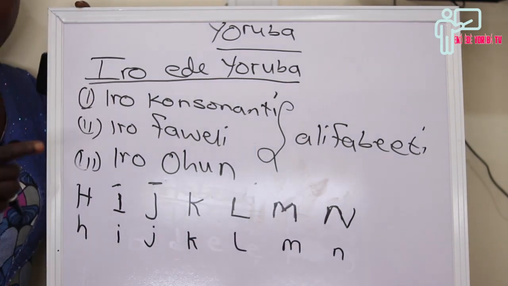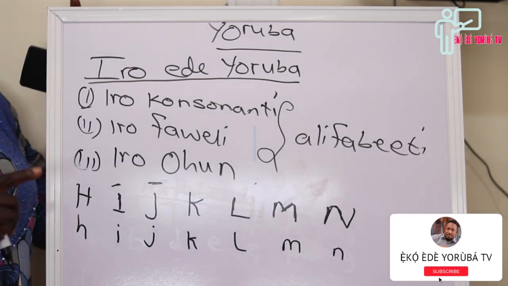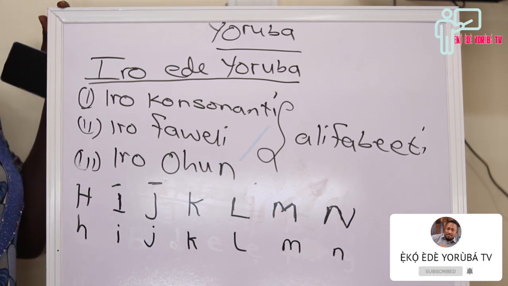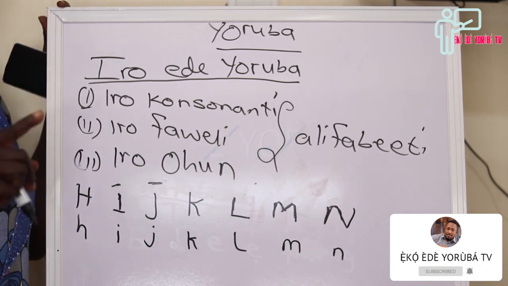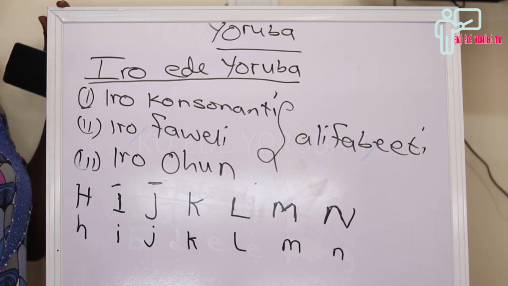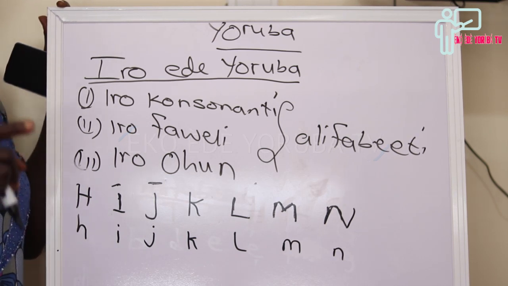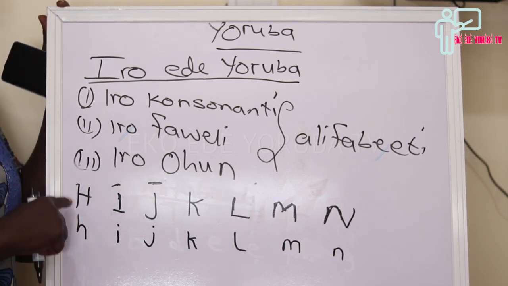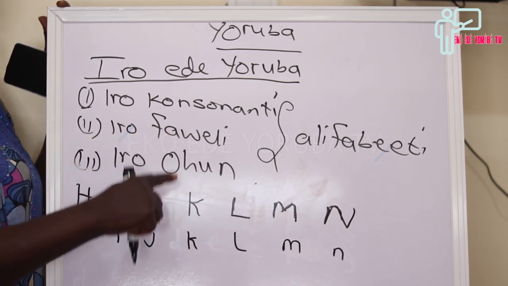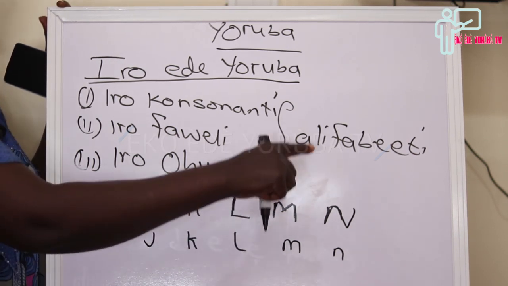Now I want to read it together from the first letter in the alphabet, which is letter A, but A ní Yorùbá. A, B, D, E, F, G, B. He, I, Ji, Ki, Li, Mi, Ni.